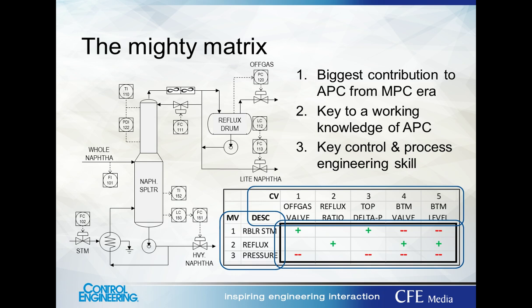The matrix area itself identifies which MVs affect which CVs for control purposes. These are also referred to as models and may be a detailed dynamic model as in an MPC or simply gain direction as shown here. Gain direction is the same concept as single loop control action, direct or reverse.